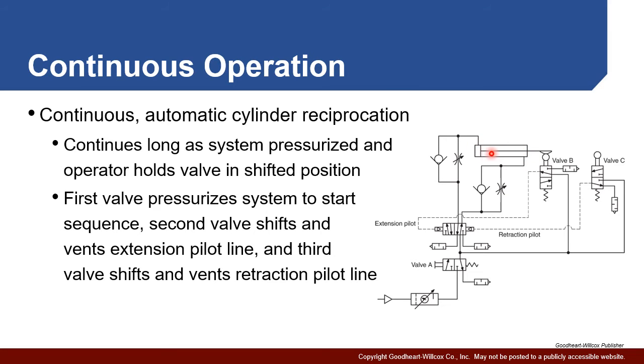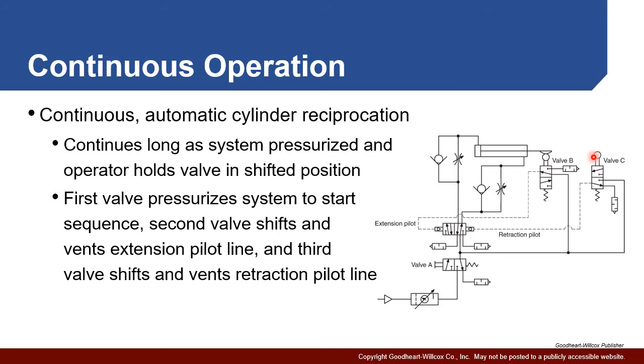If the cylinder is completely retracted, which is probably how it is, the cylinder starts up, that opens valve B. Valve B then sends pilot pressure over here and pushes, in this case, our 5-way directional control valve over. That sends fluid through this flow control valve and extends it. Right? Extends out.